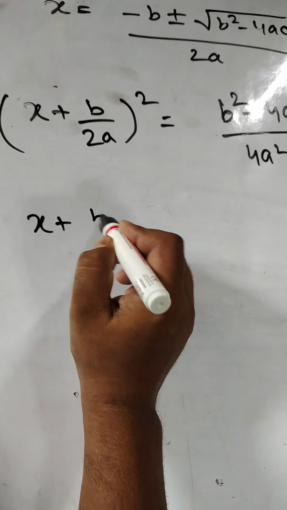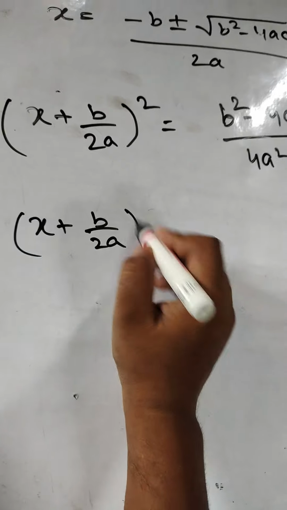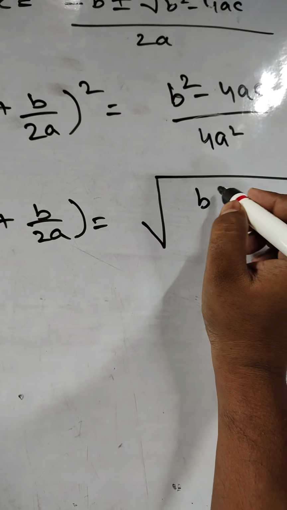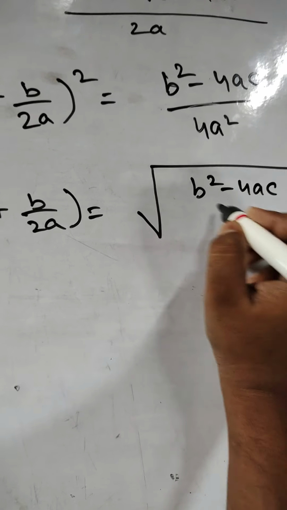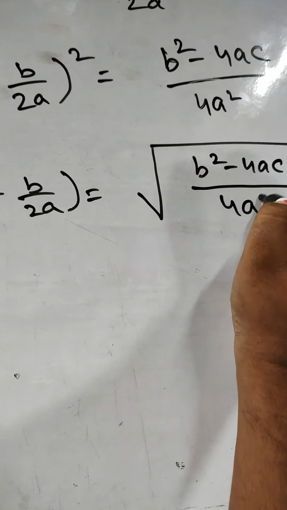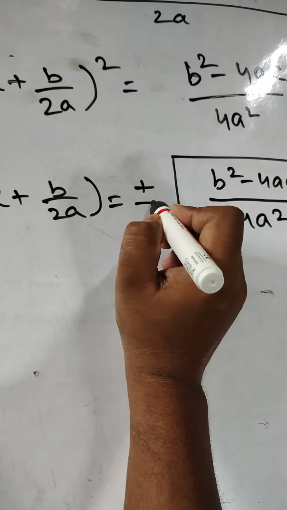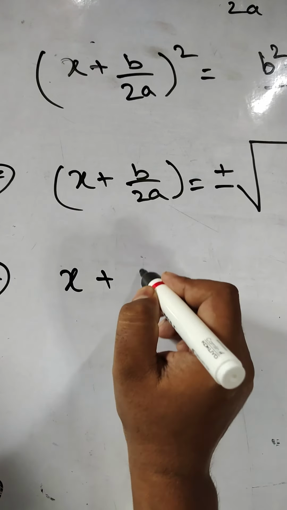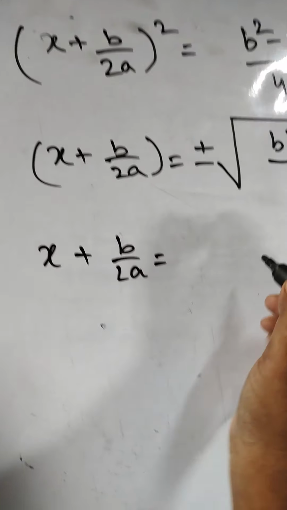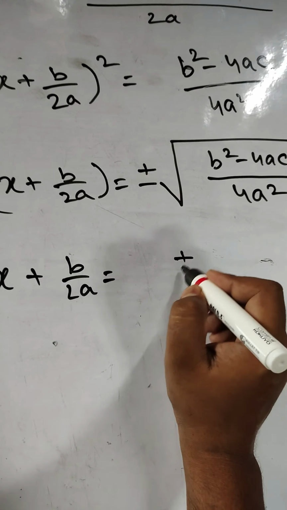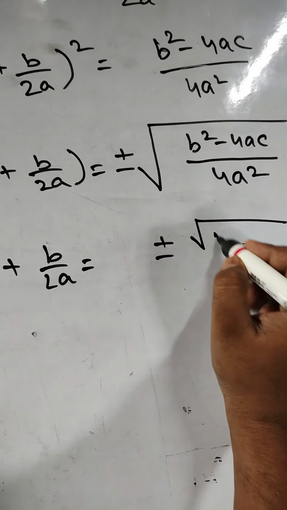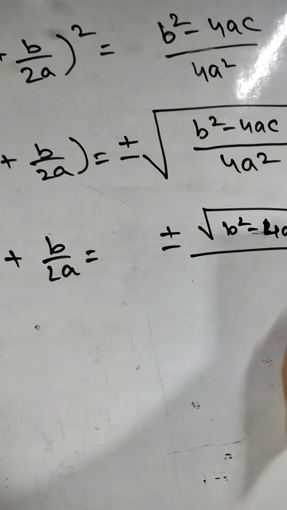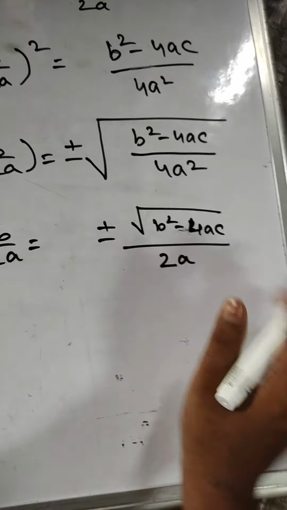Now x plus b by twice a can be written as plus minus root under b square minus 4ac by 4a square, so x plus b by twice a can also be written as plus minus root under b square minus 4ac by 2a.